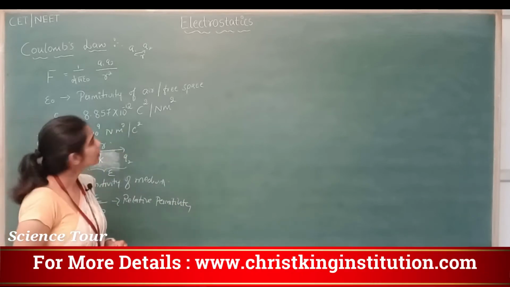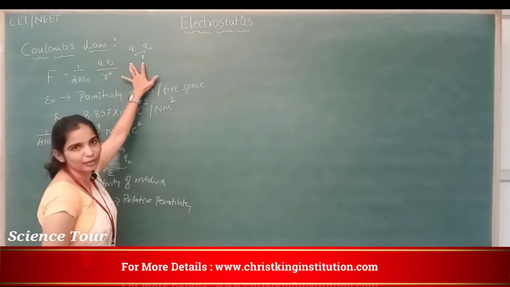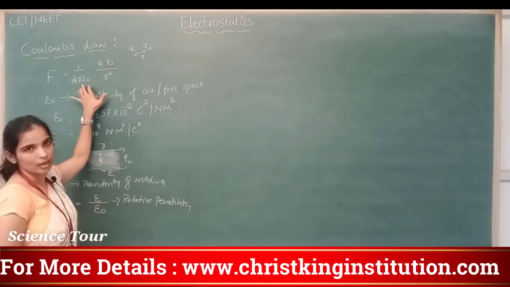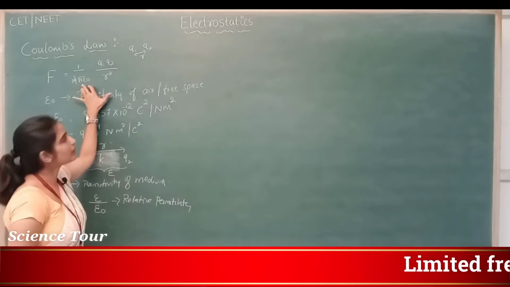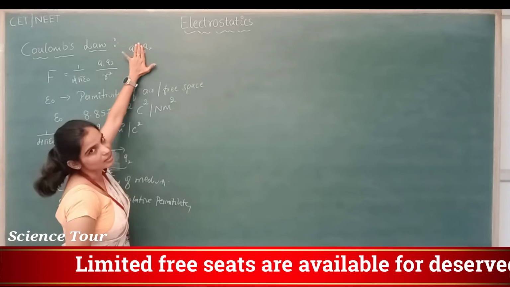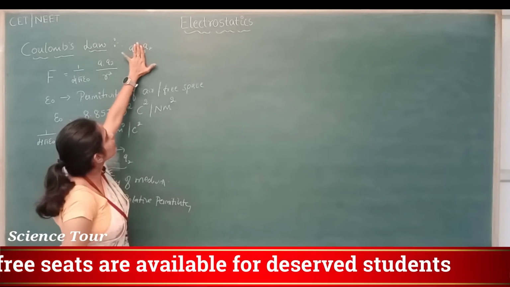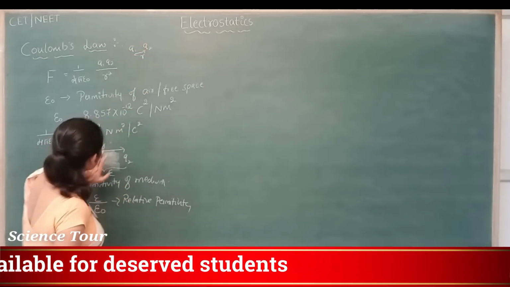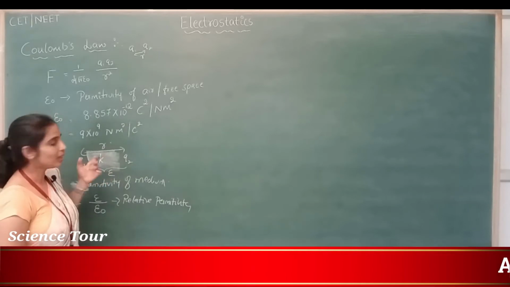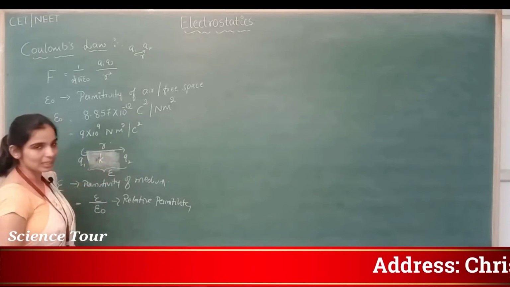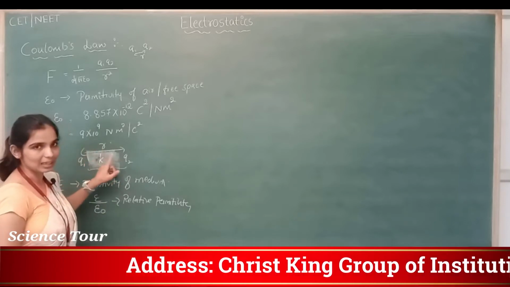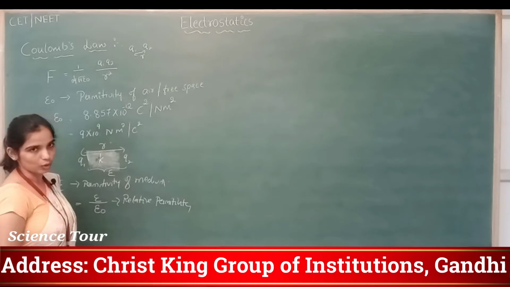I repeat, two charges are placed in free space, and this is the electrostatic force between them. Now, in the gap between these two charges, I place another material called a dielectric material, whose dielectric constant is K, and the permittivity of that medium is epsilon.